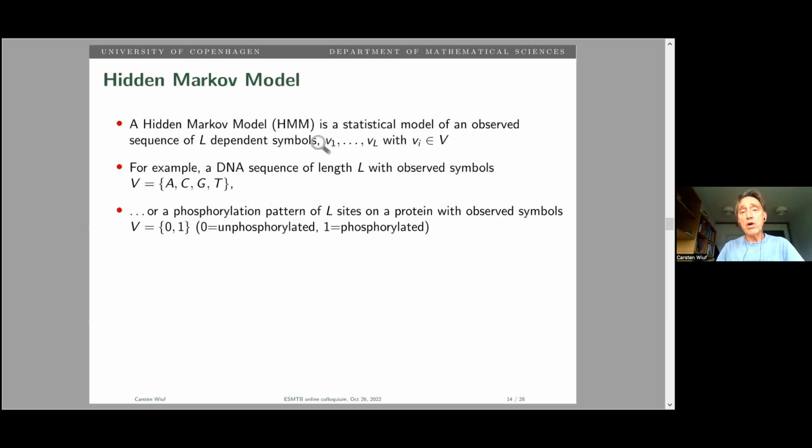So a hidden Markov model is a statistical model of an observed sequence of L dependent symbols, where L is some integer number.